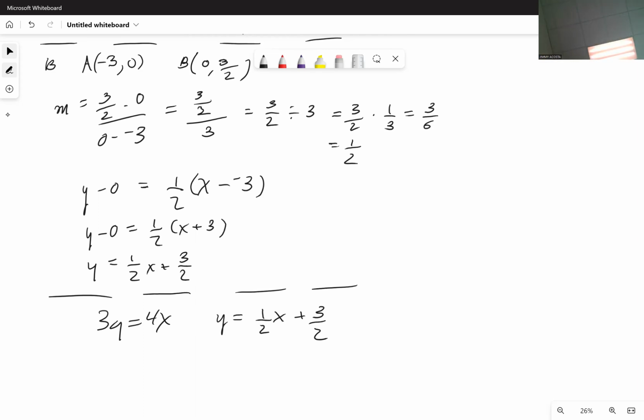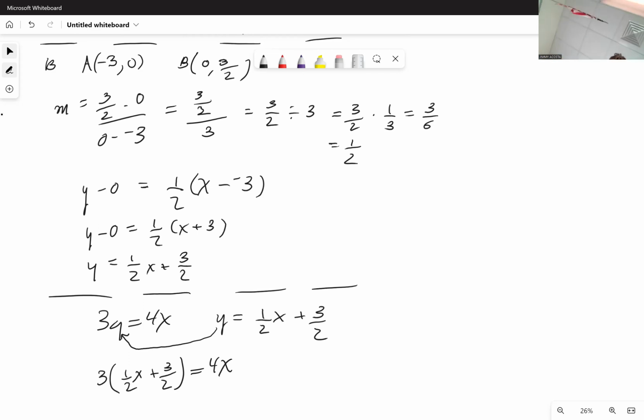We're going to go ahead and put this there. Well, what's that? That's 3 times half x plus 3/2 equals 4x. And we'll solve that.